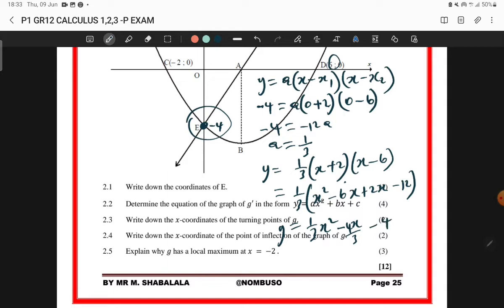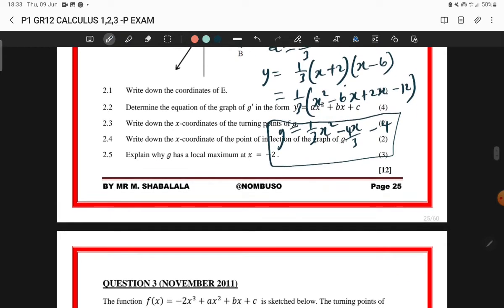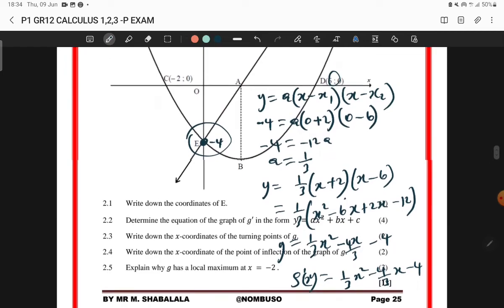This is our equation of the graph of our derivative, which is g prime of x is equal to 1 over 3 x squared minus 4 over 3 x minus 4. So this is our equation now.